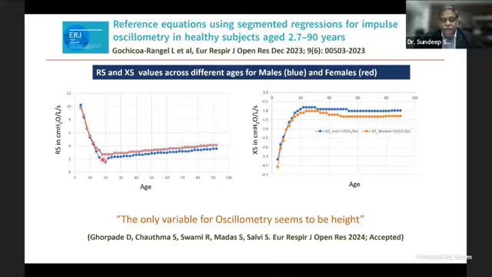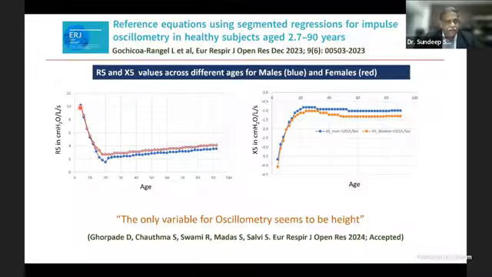Very interestingly, they derived the so-called reference values from the age of 2.7 to 90 years. I don't think any other study has derived the predicted or the reference values across such a big age range. Now, what you see is exactly what I showed you in the previous slide. When you're born, you have very high resistance. It drops down until the age of around 17, 18.